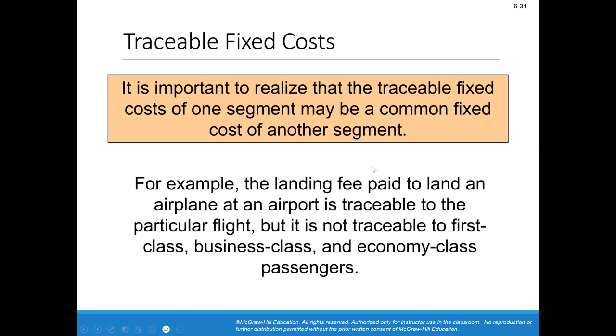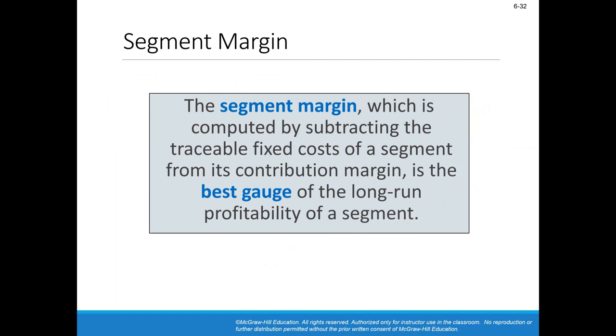Here it shows that the landing fee paid to land an airplane at an airport is traceable to that particular flight, but it's really not separable into first class, business class, etc. passengers. So if you were trying to determine what your profit is on these different passengers, you would just allocate that as an overhead, but it's not traceable to that particular business class.